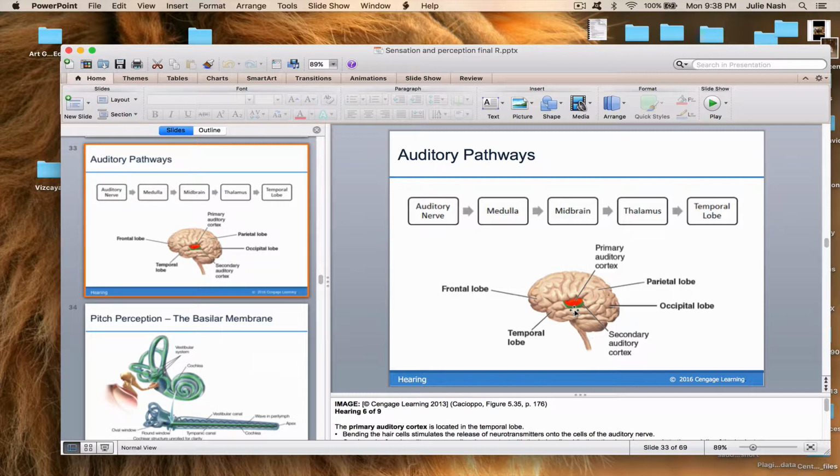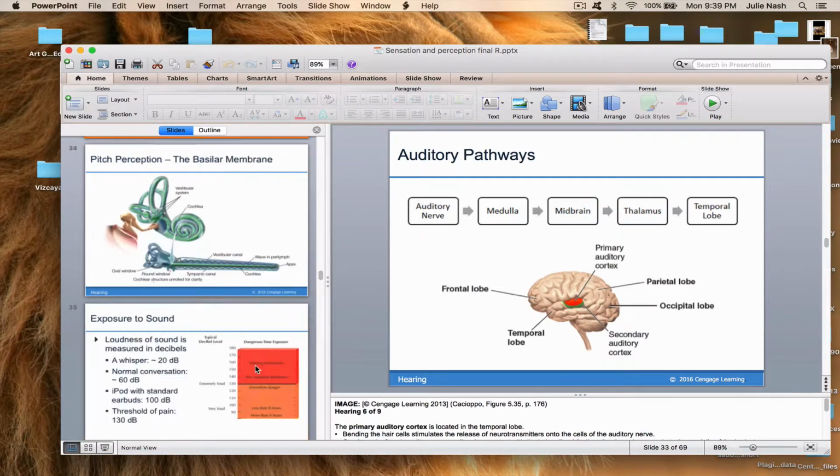They go through the medulla, then the midbrain, then, like I said before, the thalamus is always the last step before the cortex, which for hearing is here on the sides of our heads. The temporal lobe is on each side of your head right around your ear, which makes sense because the information coming in is auditory.